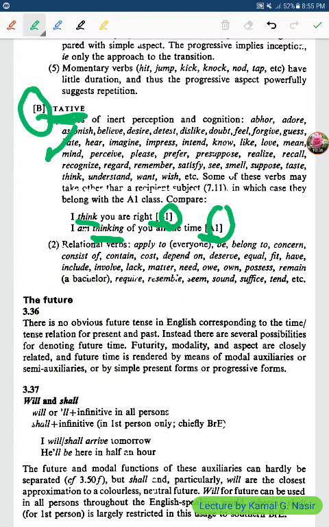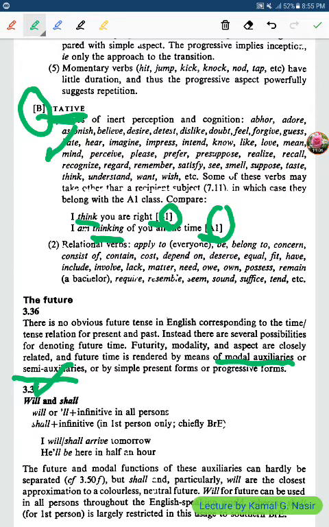All of you know that the future is a time, not a tense. How can we express the future? We can express the future by using the modal auxiliaries or semi-auxiliaries.